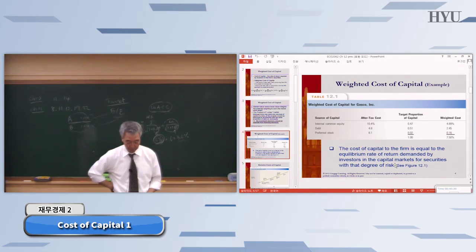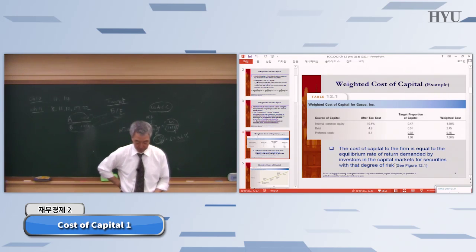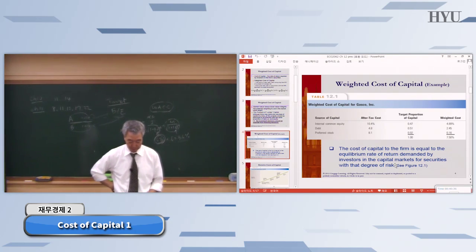And somehow we came up with the after-tax costs of 10.4%, 4.8%, and 8.1%. And the target capital structure is 47% equity, 51% debt, and 2% preferred stock.